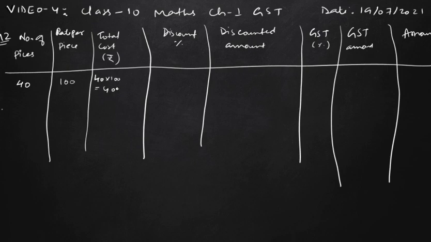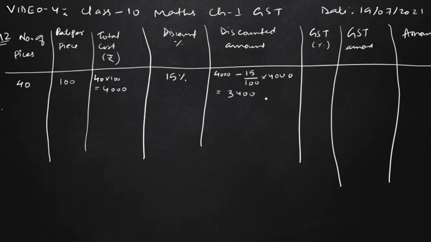This is the total cost of all the pieces of item A. Then the discount percent given was 15%. So what will be the discounted amount? The discounted amount will be 4000 minus 15% of 4000. If we solve this, we will get 3400.